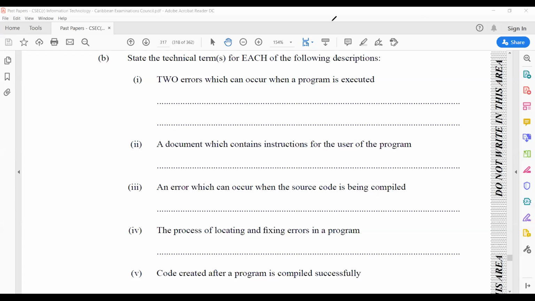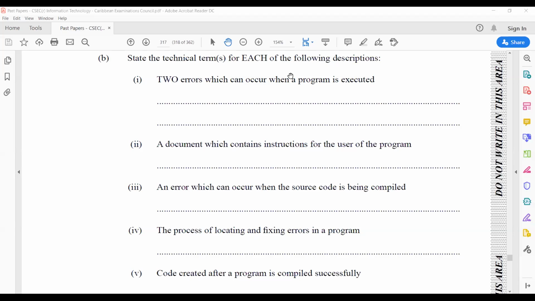That's actually what Raphael put in the chat initially, the syntax error. So when the source code is being compiled, syntax errors will be detected, and that is an error that can occur.